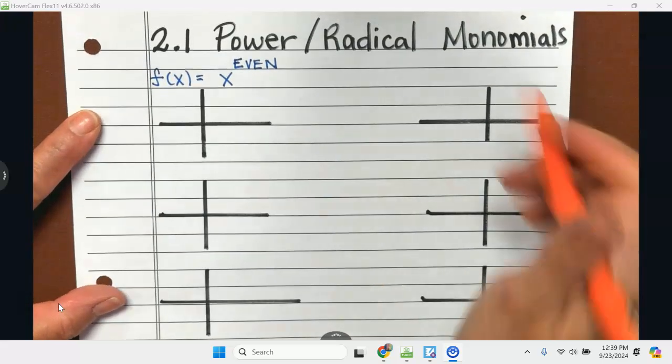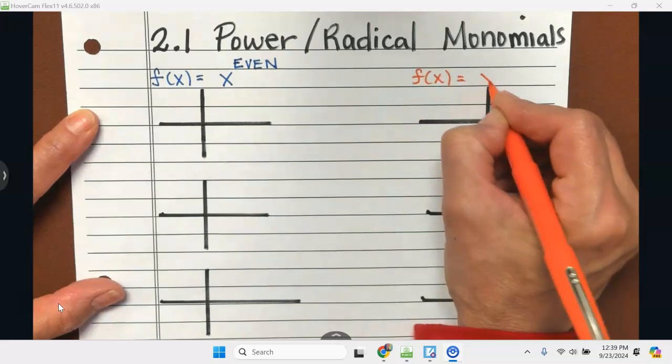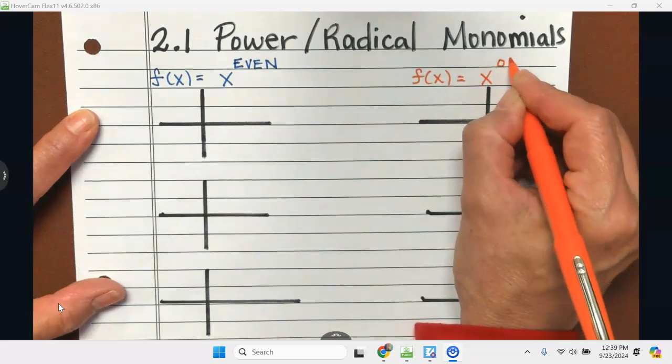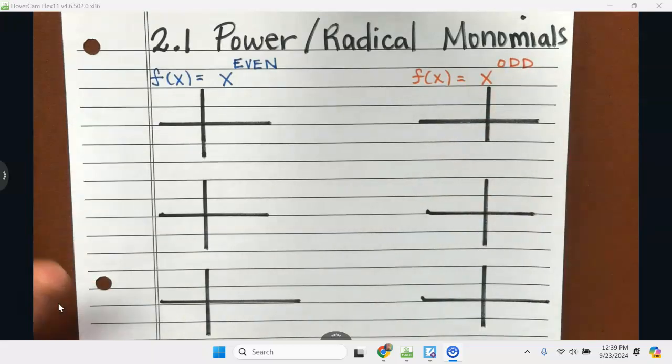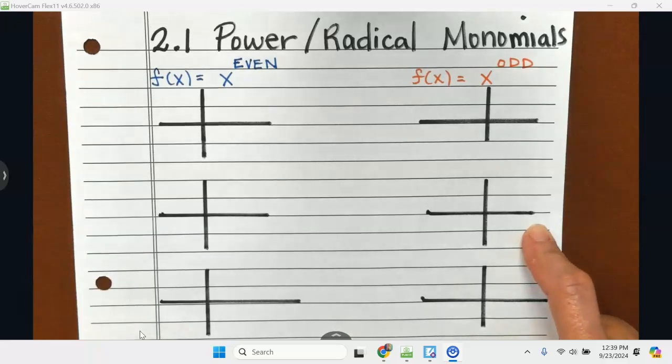Here, I am going to have x to an odd power. This row right here, I'm just going to add a leading negative.